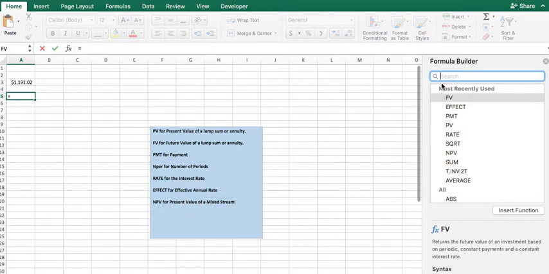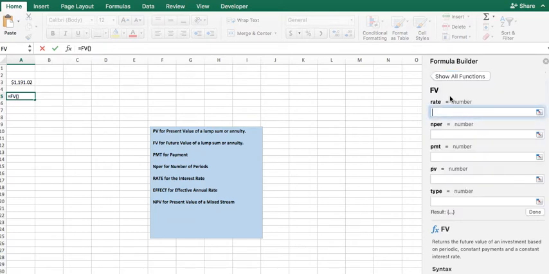So EFFECT, just as an example, gives the effective annual rate of a nominal or quoted interest rate. So if we are compounding more frequently than annually in a future value problem, for example, say it's quarterly, we want to know what that effective annual rate is of the nominally quoted rate.